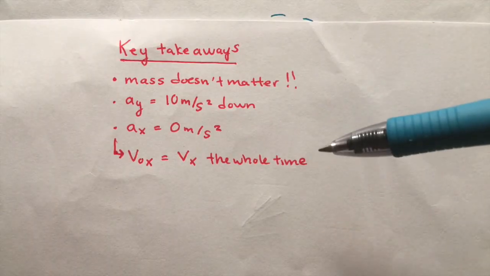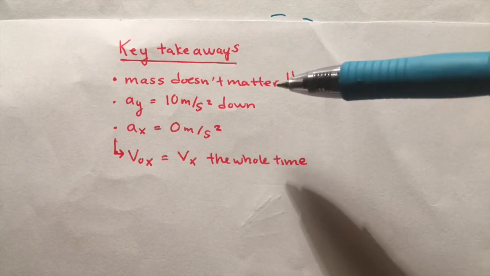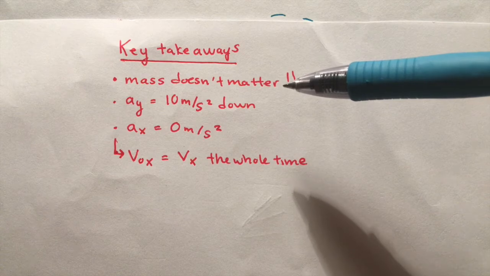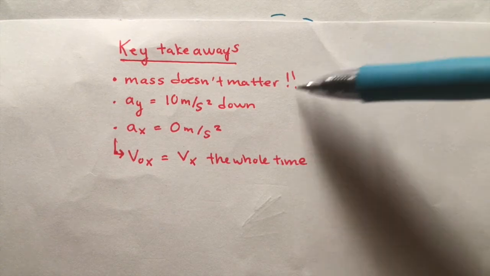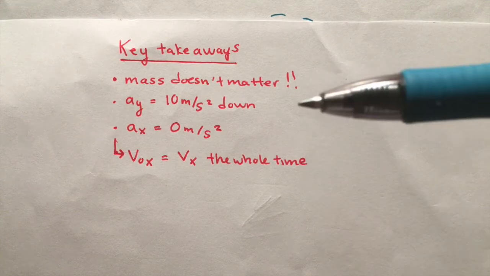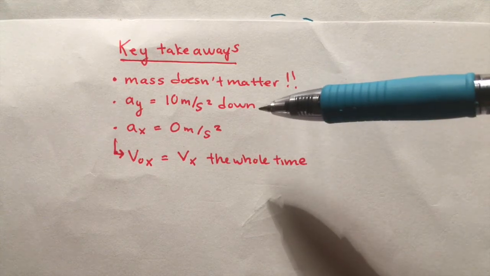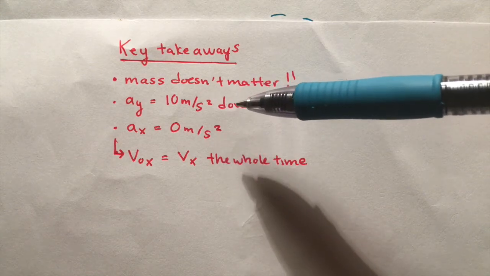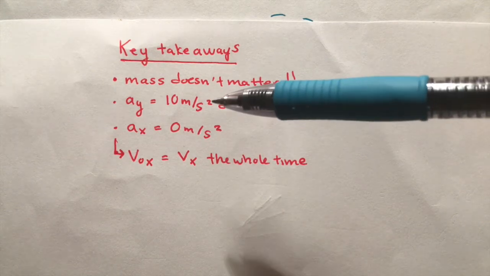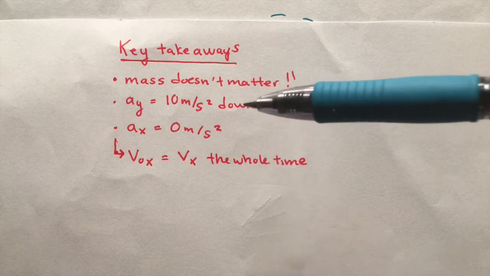So the key takeaways are: the mass does not matter. Doesn't matter how heavy or how light the object is. It doesn't affect the path of the object. Acceleration in the vertical direction of any object on Earth is 10 meters per second squared, always. That is the acceleration due to gravity on Earth's surface.